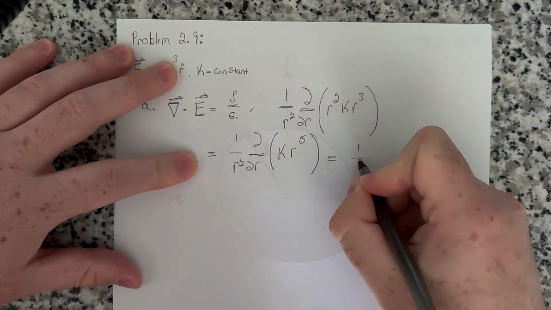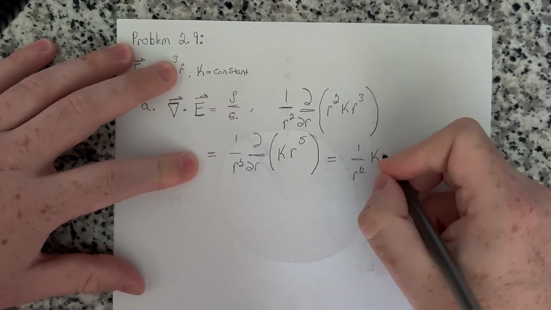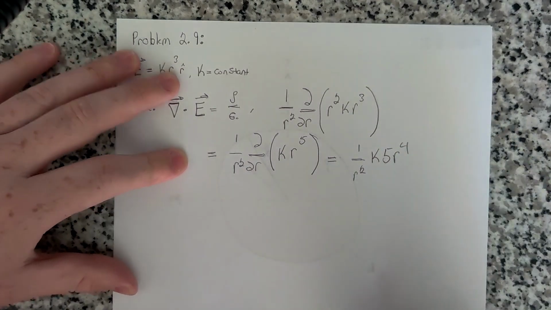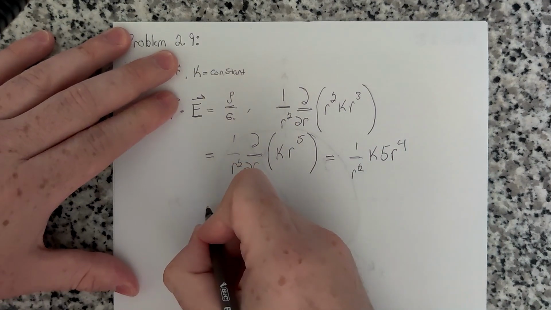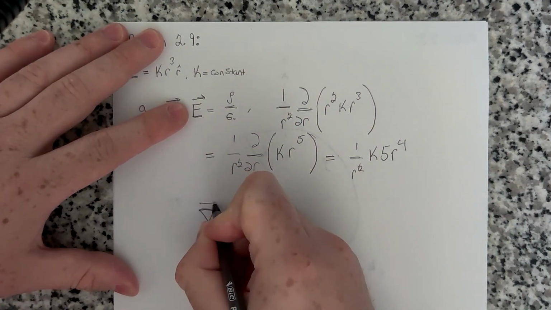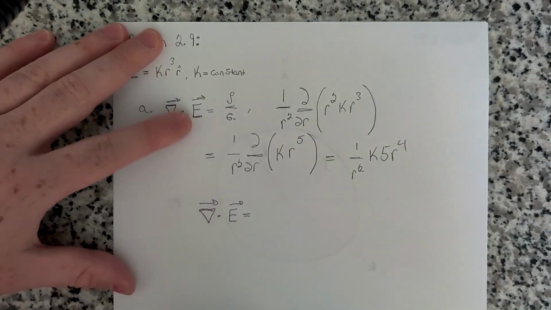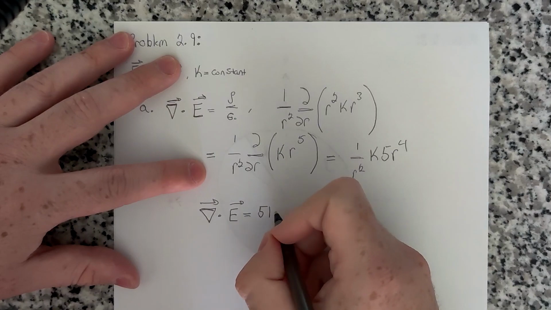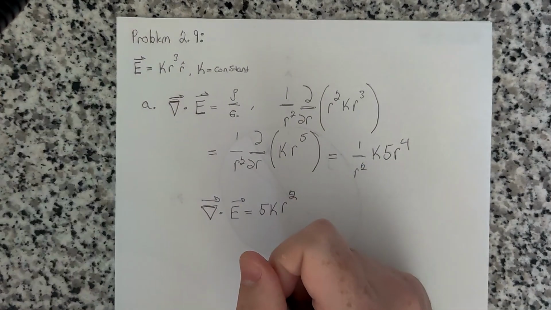That's 1 over r squared times k times 5 r to the 4th power. Then canceling out our r squared term on the bottom, we have that the divergence of our electric field is equal to 5k r squared.